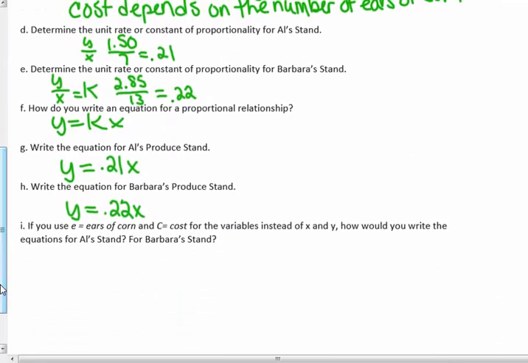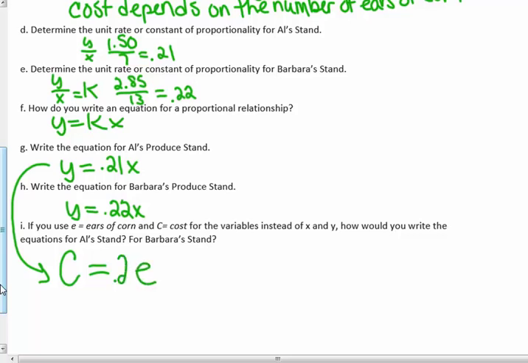If you use E, now they want me to use E, ears of corn, and C for cost, okay, so cost was the Y, and E is the ears of corn. What is it for Al's? Okay, Y is now called C for cost, and X is called E for ears.